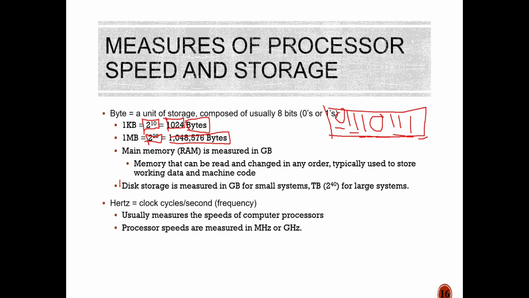So for this storage, it's usually measured in gigabytes for small systems and terabytes for large systems. RAM is usually only measured in gigabytes, and it's a lot less than in disk storage. So when it comes to your processor, the processor speeds are measured in megahertz or gigahertz, which is just talking about clock cycles per second.